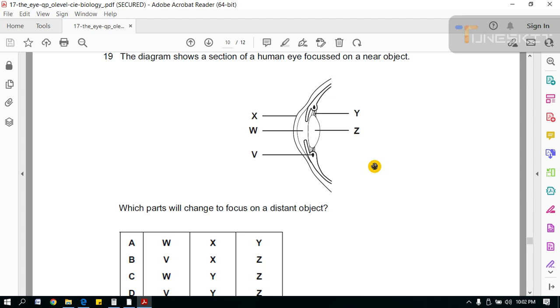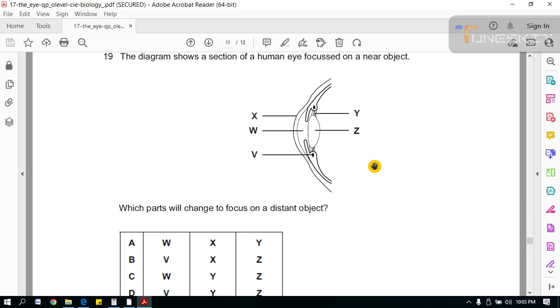Then the suspensory ligaments, Y, will tighten or loosen, right? And then Z, the lens, will become thick or thin. So three structures will change.